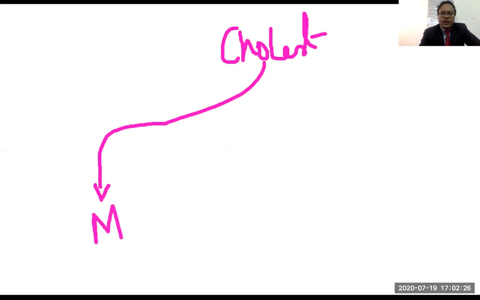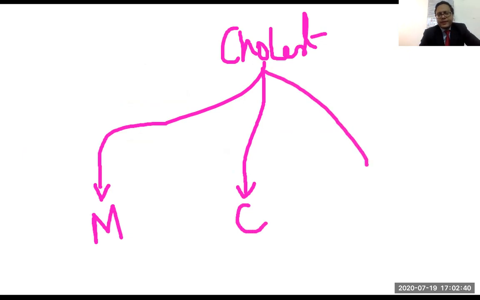In the zona fasciculata, they would be synthesizing cortisol. And in the innermost portion, C for cortisol, they would be producing the androgens, A for androgen. Basically, this is the sex steroid, SS, you can write this.